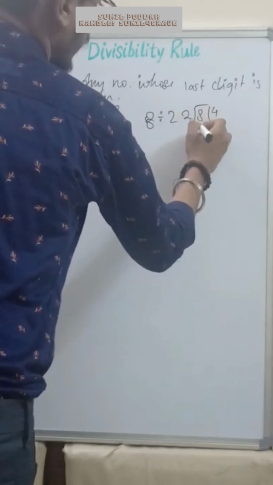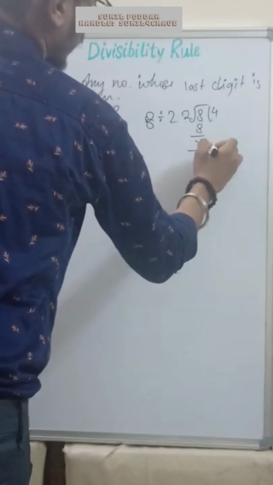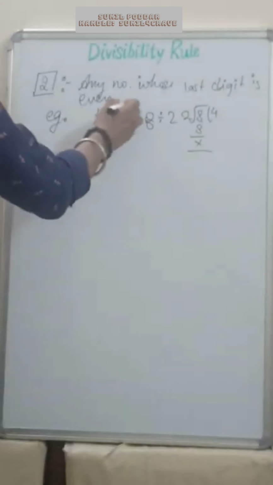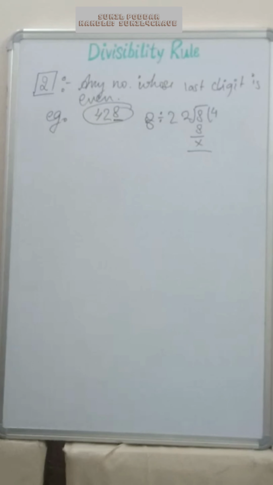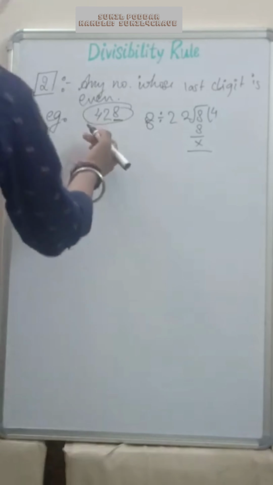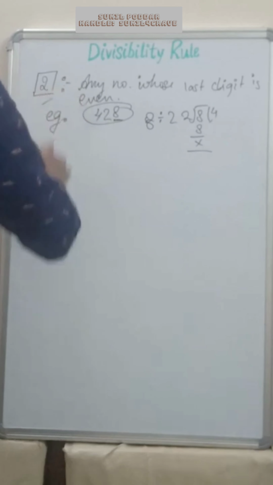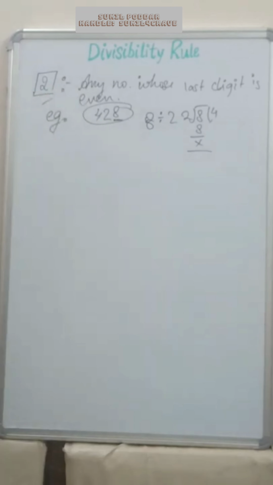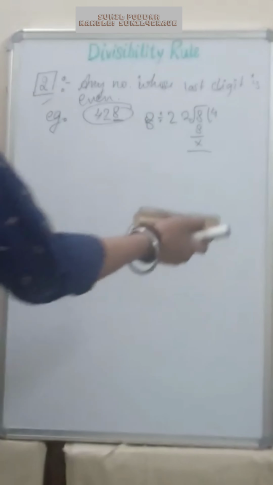So 428 is divisible by 2. You will get to know any number's divisibility by 2 this way, and this is the most basic one, so I don't think you have any problem with it.